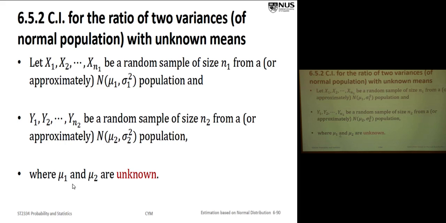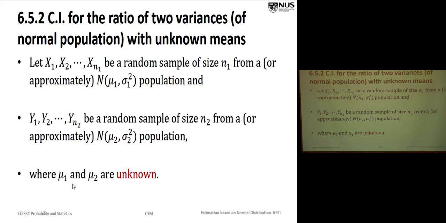So what we want to do is construct a statistic associated to the 2 samples which is explicitly a function of sigma squared 1 and sigma squared 2, a function of the ratio, if we want to construct a confidence interval for this quantity.